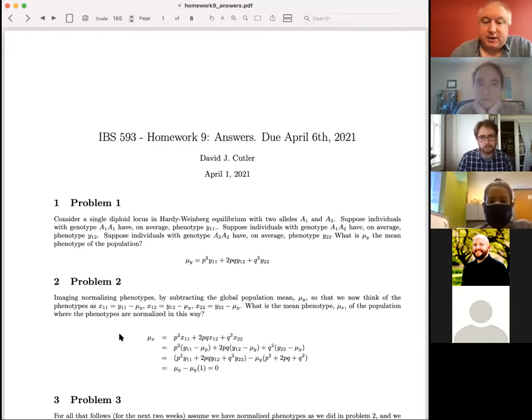So our intuition is that this average ought to be 0, and we can show it relatively easily.